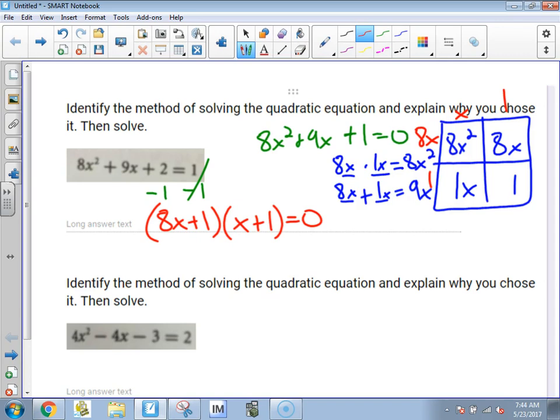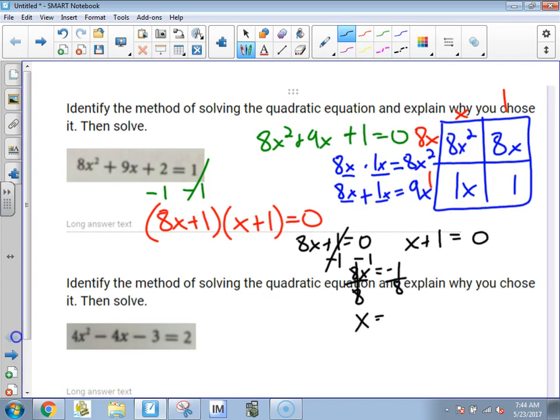Technically, we're still working within something that looks like 21.2a. So you're going to see a little bit of review in this one objective. We're going to set both of these equal to 0. And we're going to solve. So subtract 1, subtract 1. That's 8x equals negative 1. The opposite of multiplying by 8 is dividing by 8.